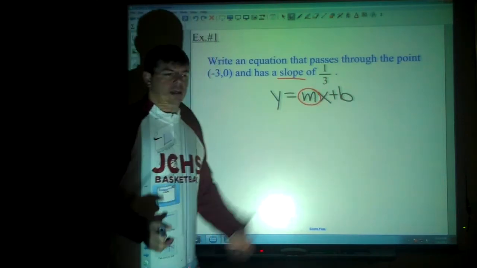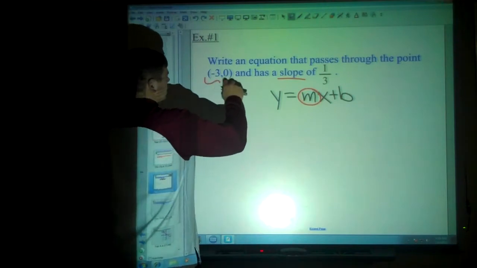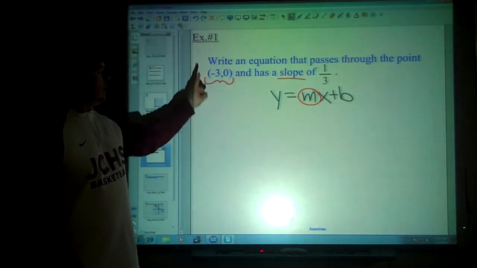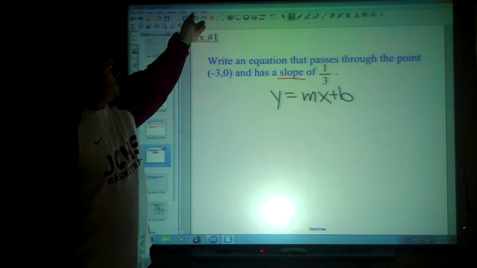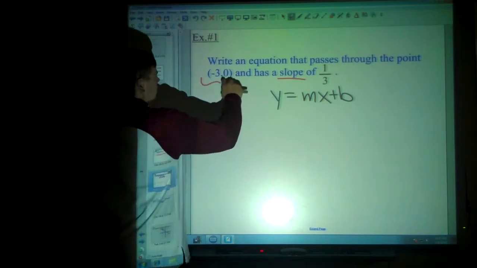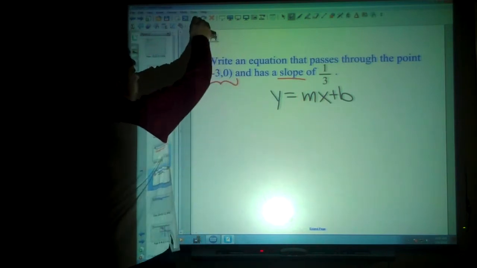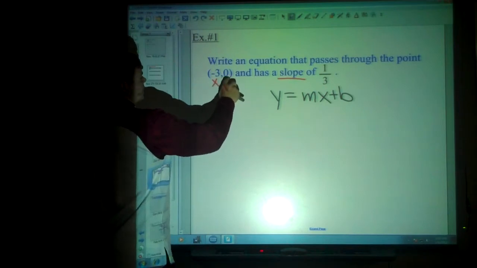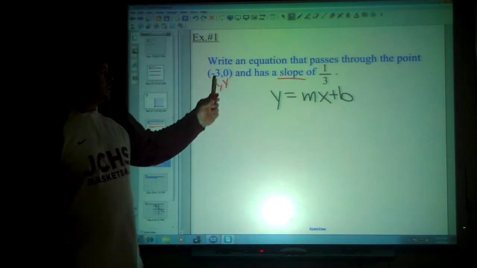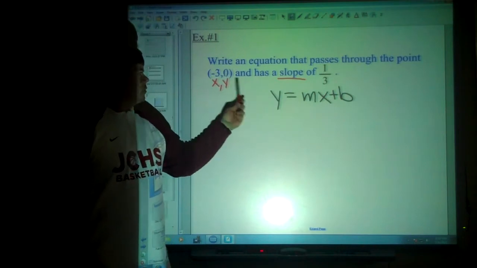Fortunately, they give us this coordinate, and that coordinate, like all others, is made up of two pieces of information, the x and the y. That's not the y-intercept, that is the y value.